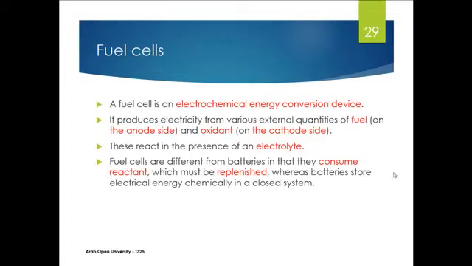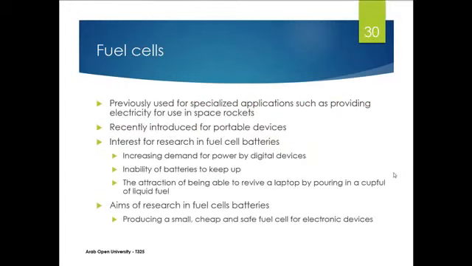replenish the reactant in order to have more energy for the battery, we can. It consumes the reactant present at the anode side, and when this reactant is consumed, we replenish the battery to use it again. This type of battery was previously used in space rockets, but since 2006 or 2007 it has been introduced for use in portable devices.